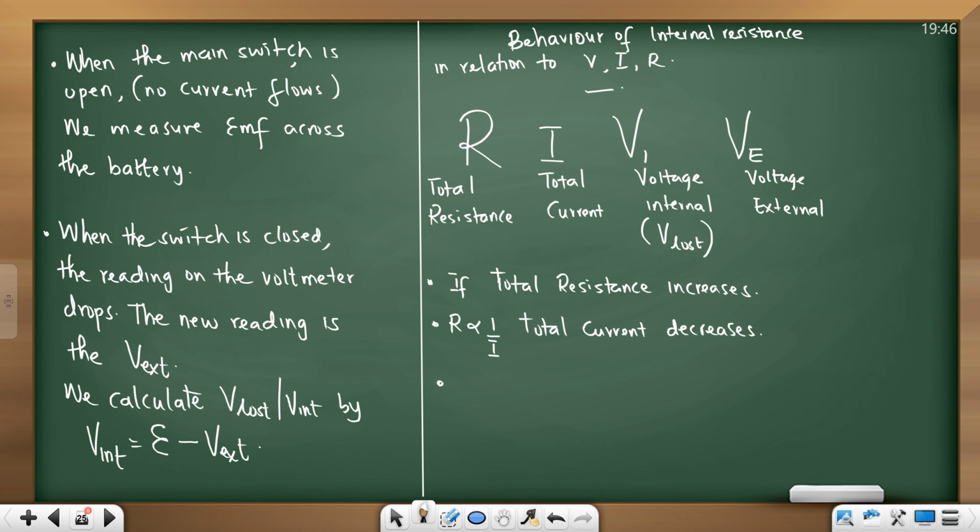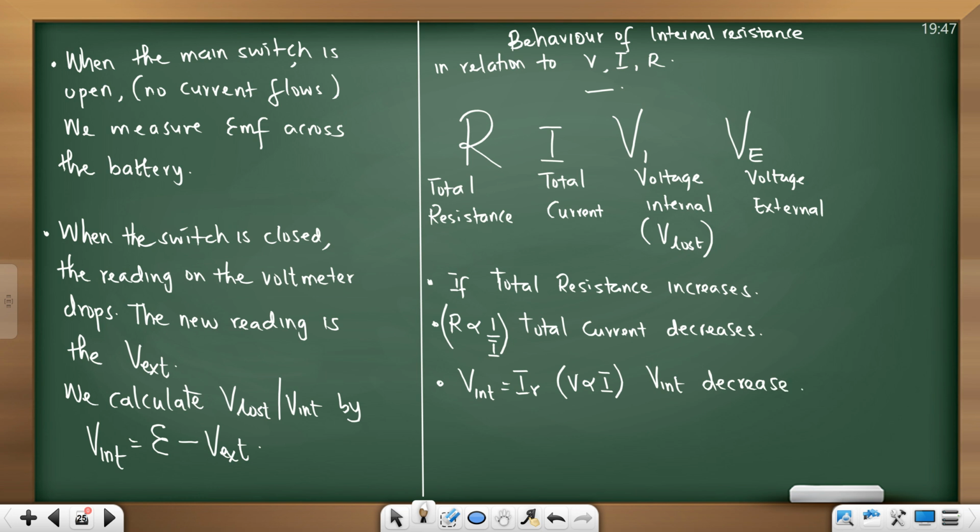But V lost, V internal equals Ir, which means V is directly proportional to I. So if my current decreases, what happens to my voltage? My internal voltage will also what? Decrease. So V internal will what? Decrease.